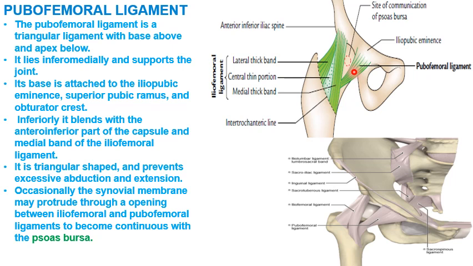The pubofemoral ligament prevents excessive abduction and extension. Occasionally, in the space between the iliofemoral ligament and pubofemoral ligament, the synovial membrane may protrude as the psoas bursa.